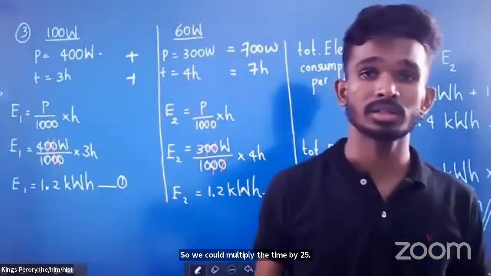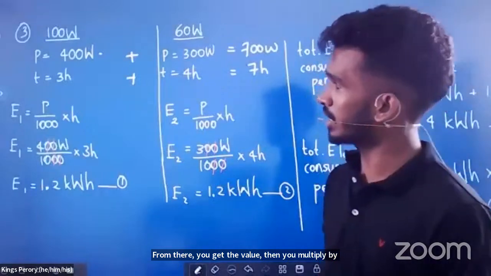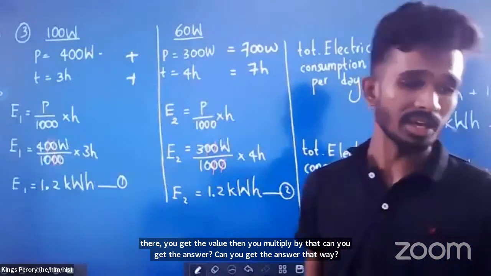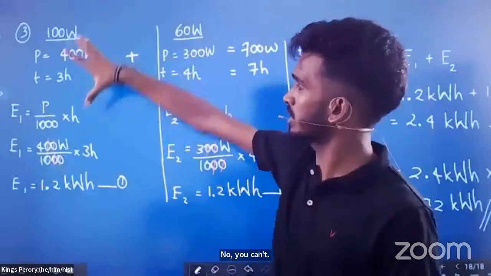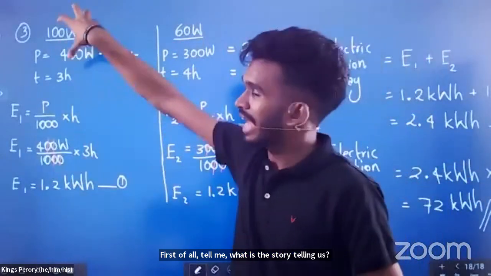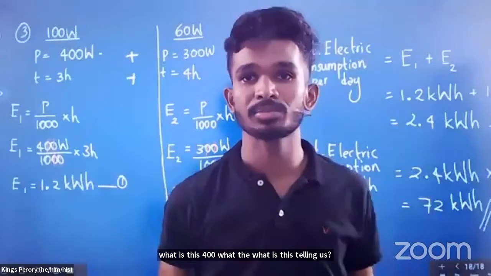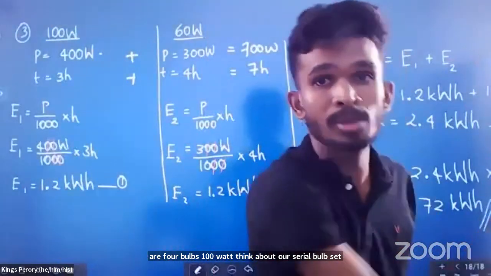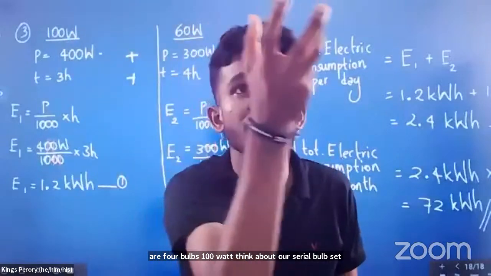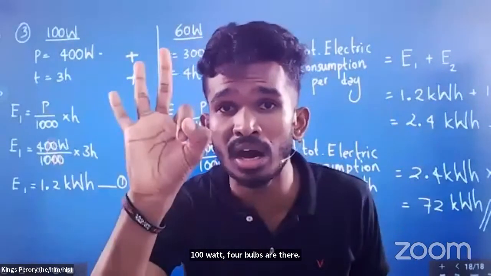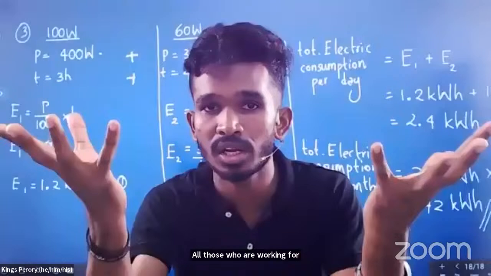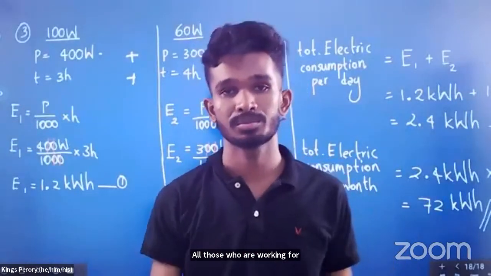No, you can't. First of all, tell me, what is this story telling us? What is this 400 watt telling us? There are 4 bulbs, 100 watt each. Think about our serial bulb set. All those 4 are working for 3 hours and then they go off in a day.